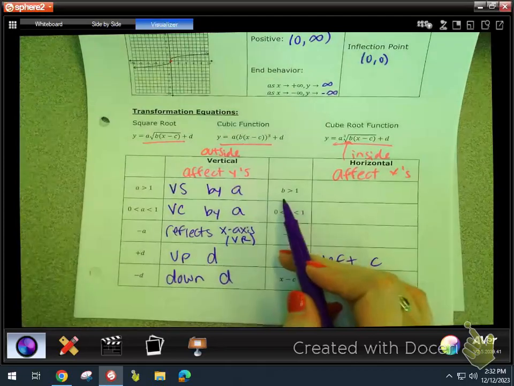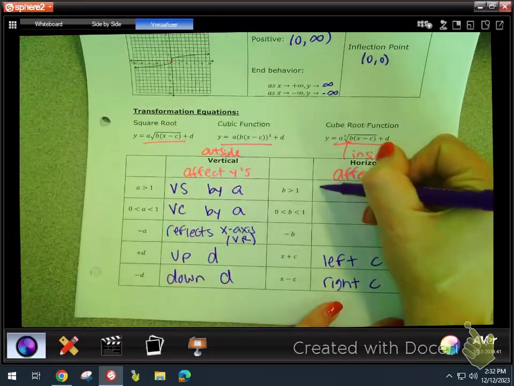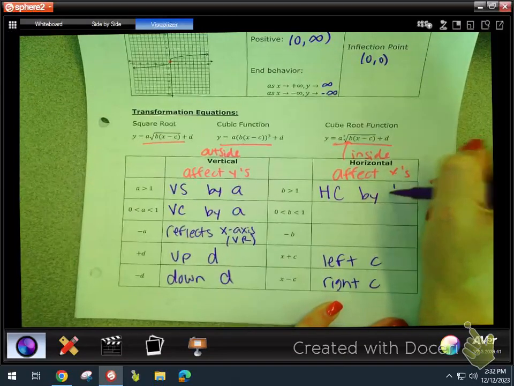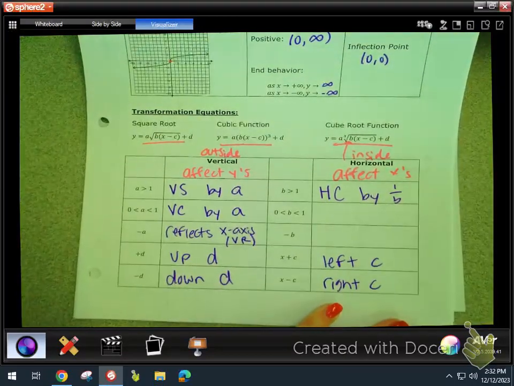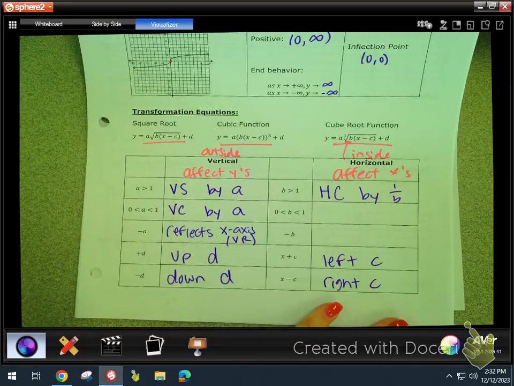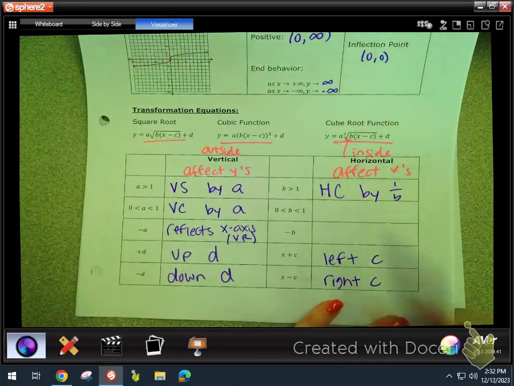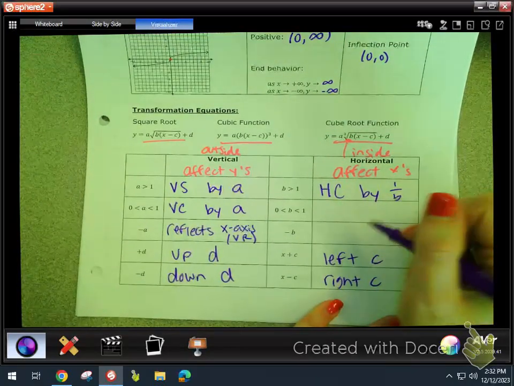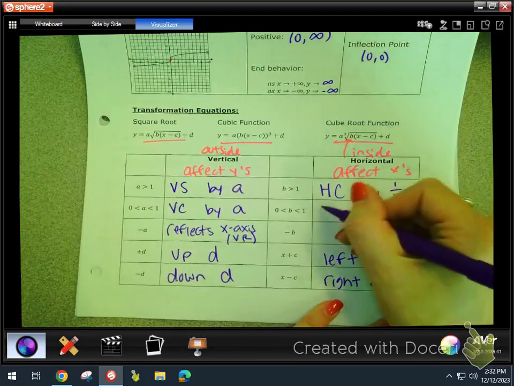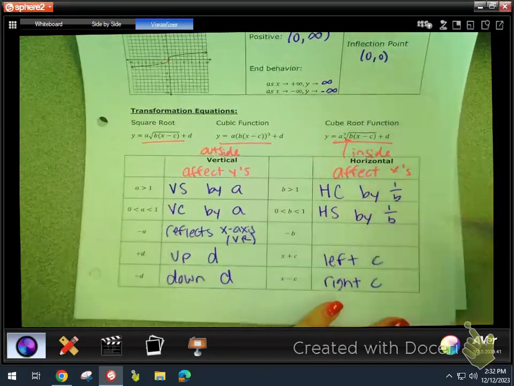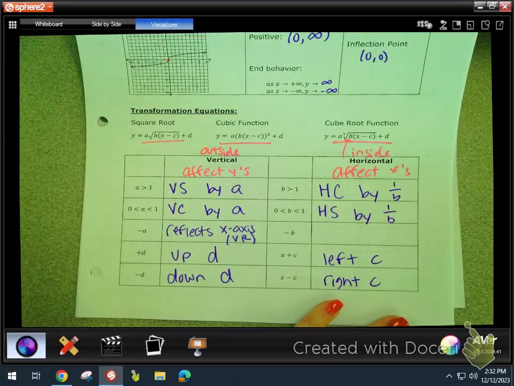So if B is greater than 1, then that's really a horizontal compression by the reciprocal of B. So that would mean you'd have a whole number in there. When you're describing the factor, it would be like 1 over that, which would make you think compression. If it's already a fraction less than 1, when you flip it, it's going to be a number bigger than 1, so that makes you think stretch.